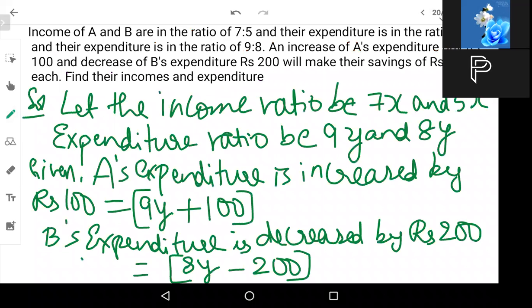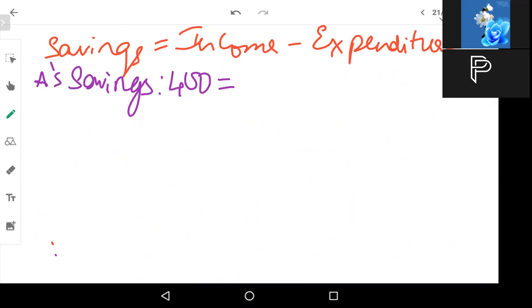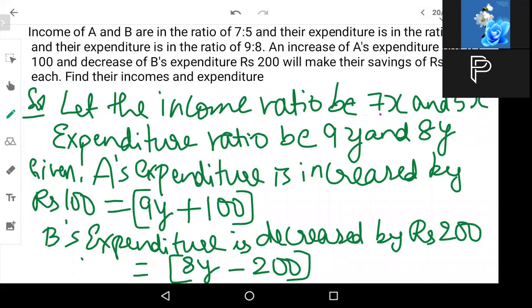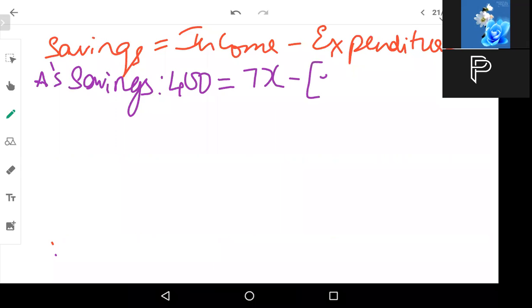The income is 7x minus the new expenditure. You have to consider these two. So A's expenditure is 9y plus 100.